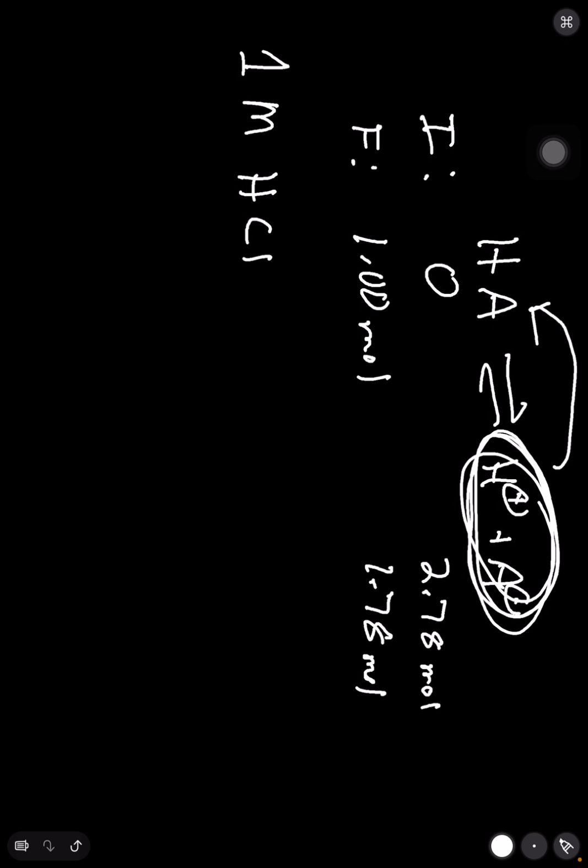So it would stand to reason that if we want to make 1 mole of HA, that we would need to have 1 mole of H plus. And since we know HCl gives off H plus in a 1-to-1 ratio, that means we need 1 mole of HCl. All right?